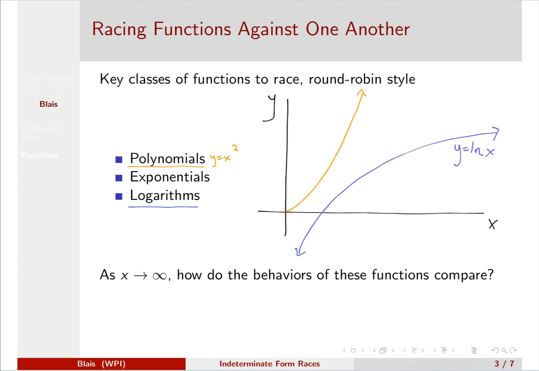And again, our concern here is about the behavior as x goes to infinity, so we don't worry about anything going on to the left of the y-axis. And we also have our exponential, so say y equals e to the x.